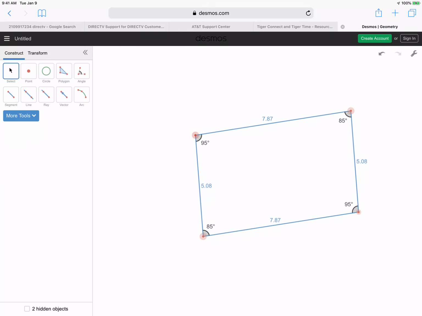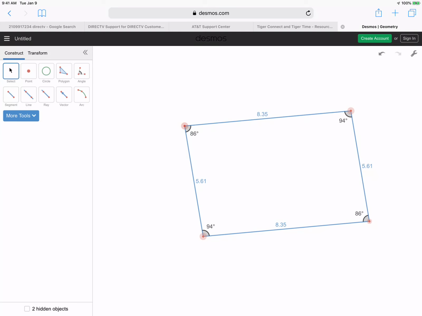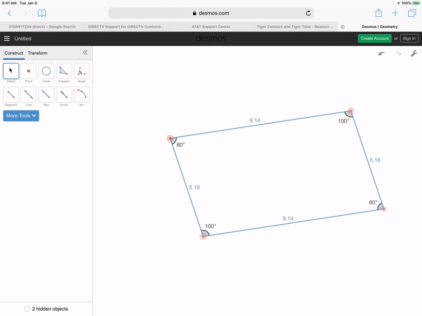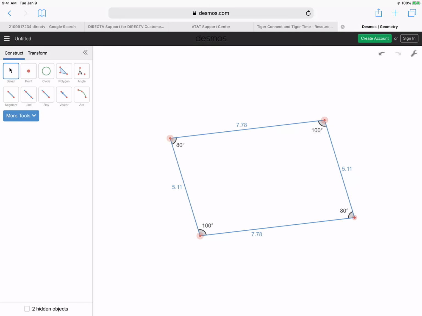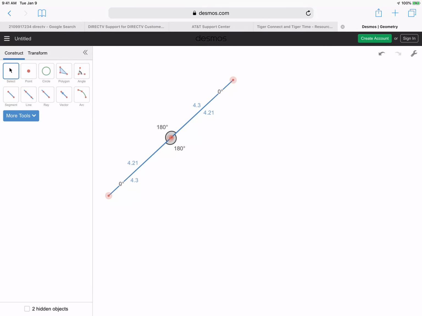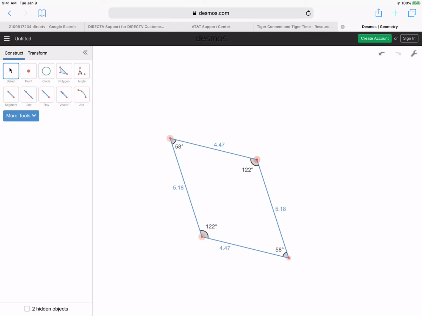So like this angle, I don't know how to indicate what angle I'm talking about in this program, but opposite angles. These two are congruent to each other, and then these two near to each other are congruent to each other. So 78 and 78, 102 and 102. If I move it around, then I have 122, 122, and then 58 and 58.